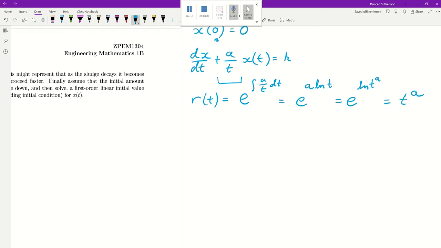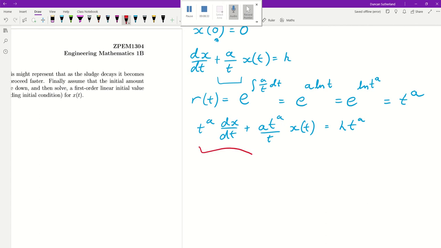Now, once I've got this integrating factor, I can multiply my equation by it. t to the a dx/dt plus a t to the a over t x of t equals k t to the a.